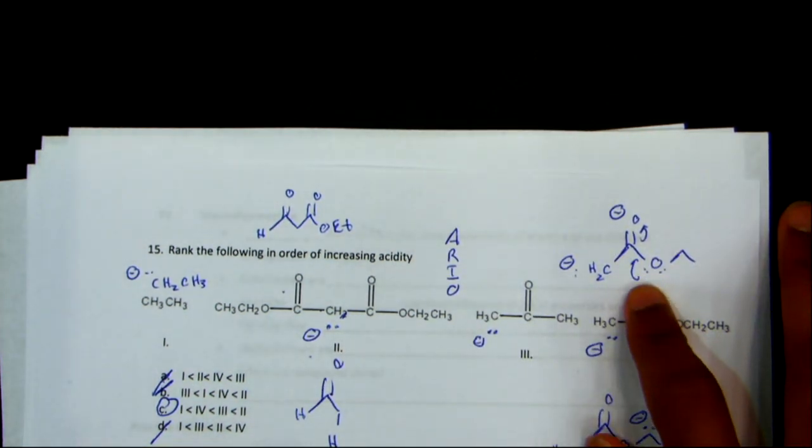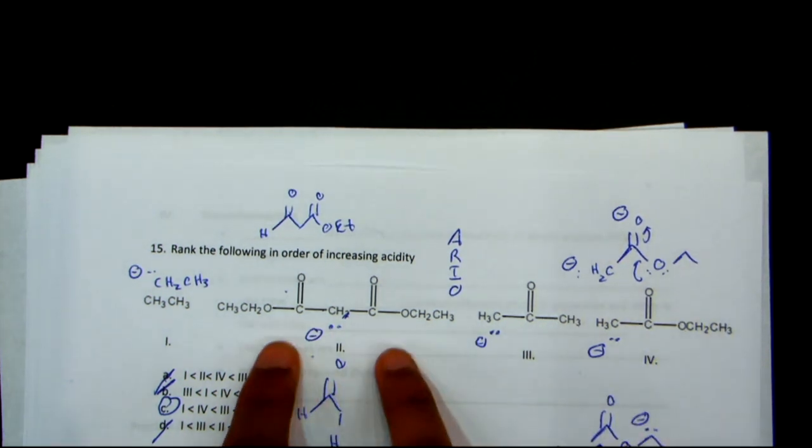That one you may have to ask Dr. G, because I am not sure, but that's the only explanation I can think of right now. Drawing the resonance structures does help, because that's the only reason I knew this could have two negative charges. At some point it probably wouldn't go into that, but it's a possibility. That's very unstable, so maybe that's why this one's a little bit better.